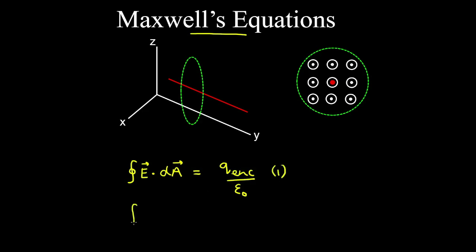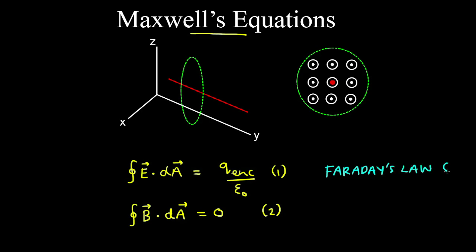And our second equation is the total magnetic flux through a closed surface is equal to 0, because magnetic field lines are closed loops. And the third equation is Faraday's law, which we're going to cover in the next unit, so we'll leave that aside for now.